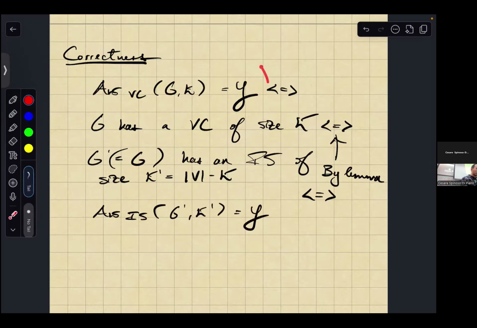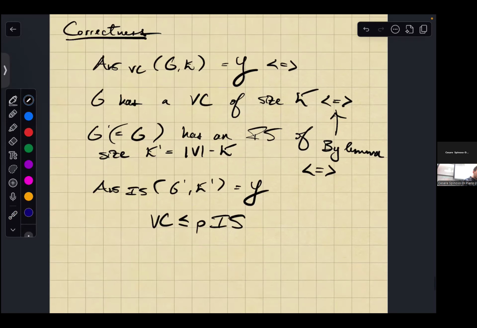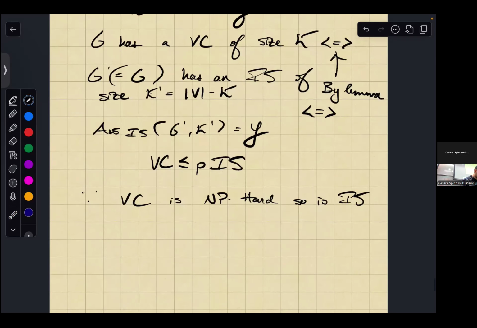So I can essentially create a vertex cover solver with an independent set solver. Nice. And I can do that in polynomial time, which means that the vertex cover problem polynomial time reduces to the independent set problem. And so therefore, since VC is NP hard, so is the independent set problem.